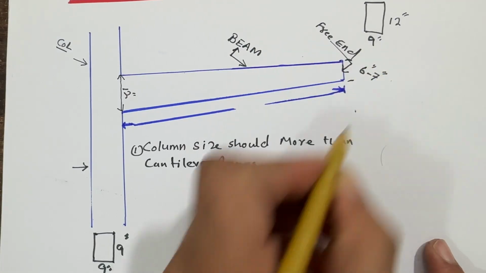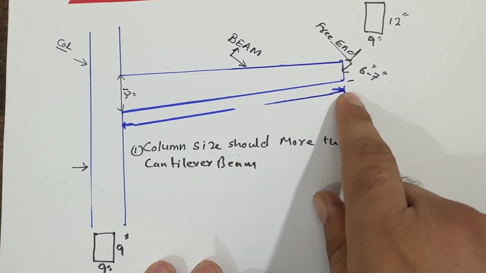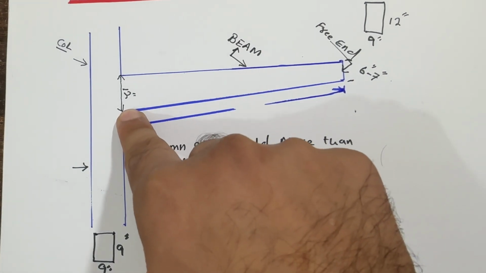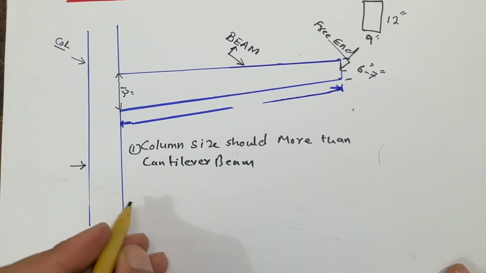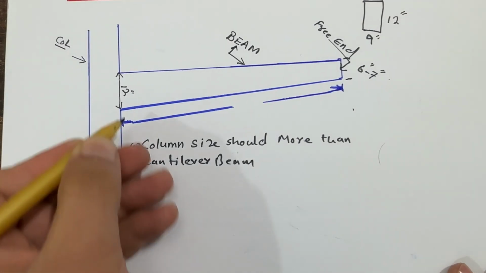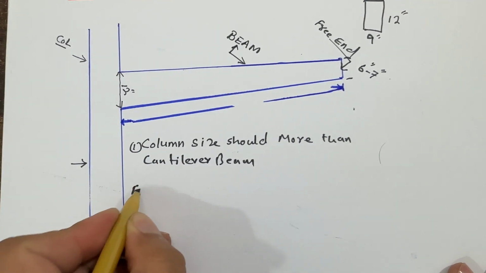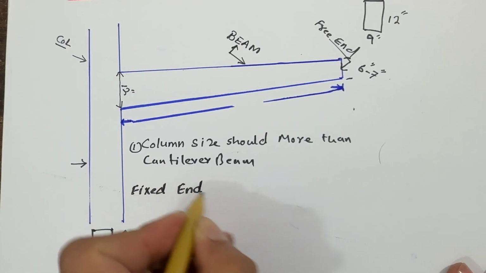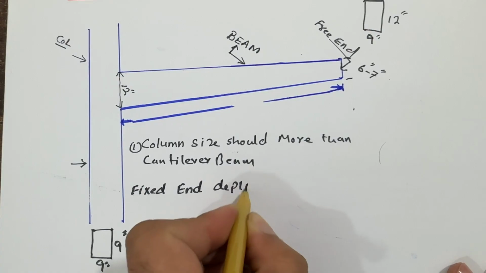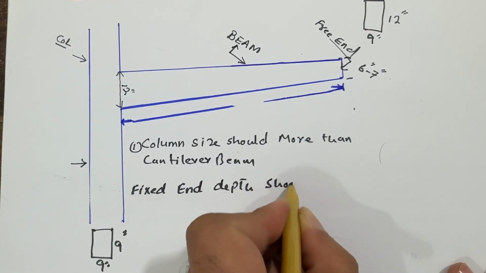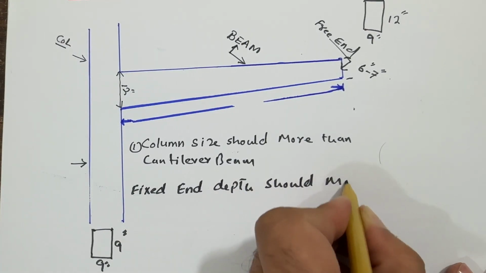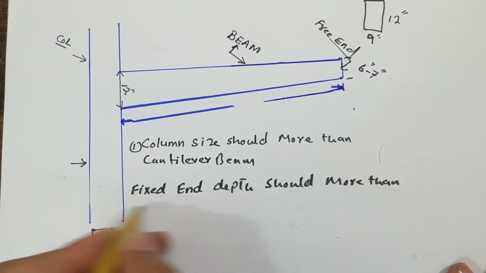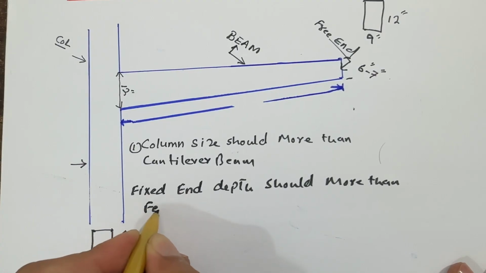This is very important because this is the free end, so it should be less than the supported end. Next, as I discussed before, the fixed end depth should be more than the free end.